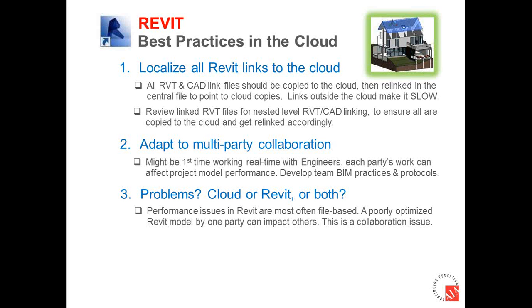When, in fact, I have actually reviewed a lot of these cases and get into the Revit files and audit them and whatnot, I have found that most often performance issues are related to file-based issues or files that might be outside the cloud, and therefore you're having linking issues and those type of things. So just be sure that you actually look thoroughly.